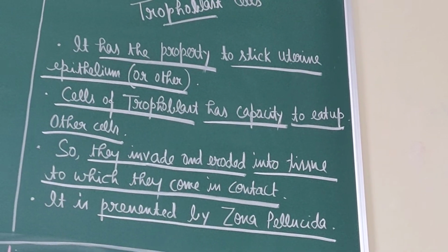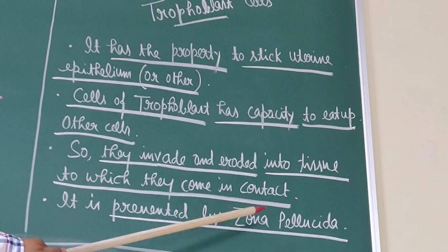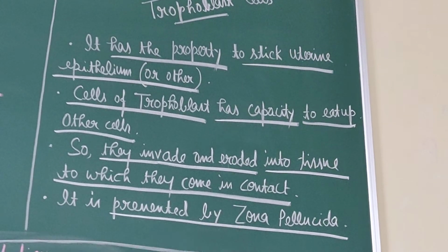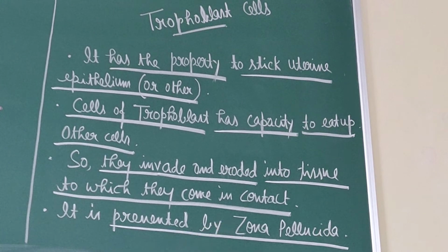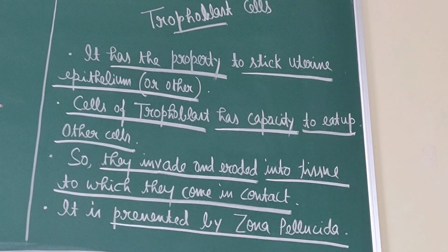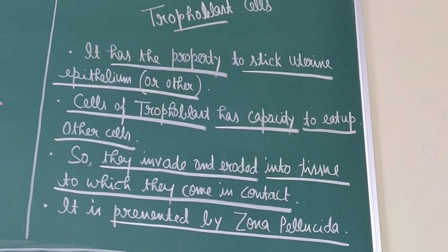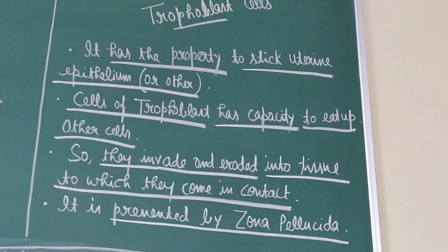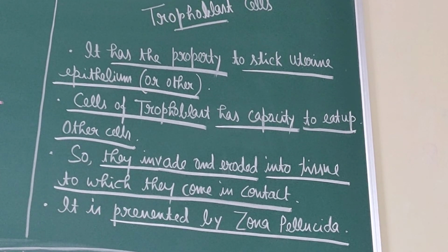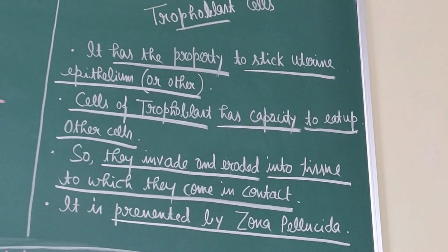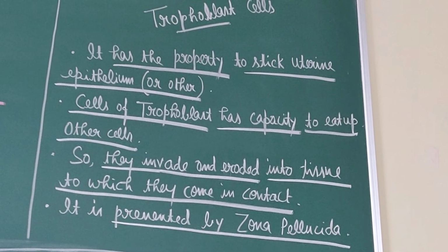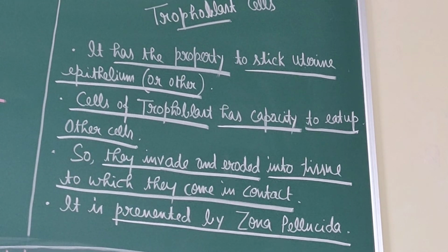So it is another important function of the zona pellucida, and that is why the zona pellucida is present until the conceptus reaches the normal site of implantation, that is the uterine cavity.